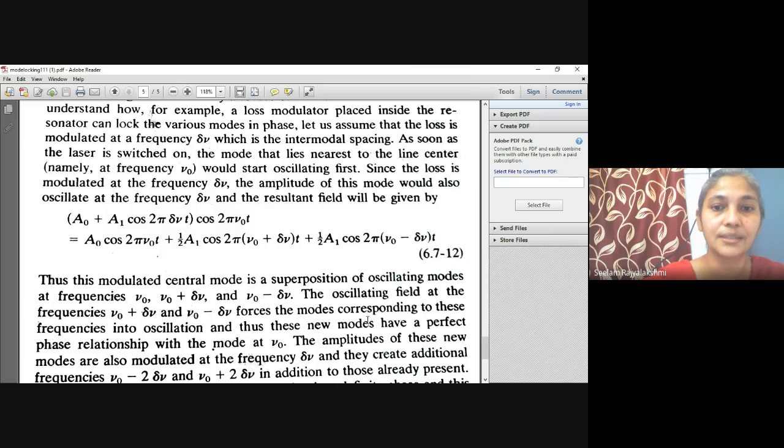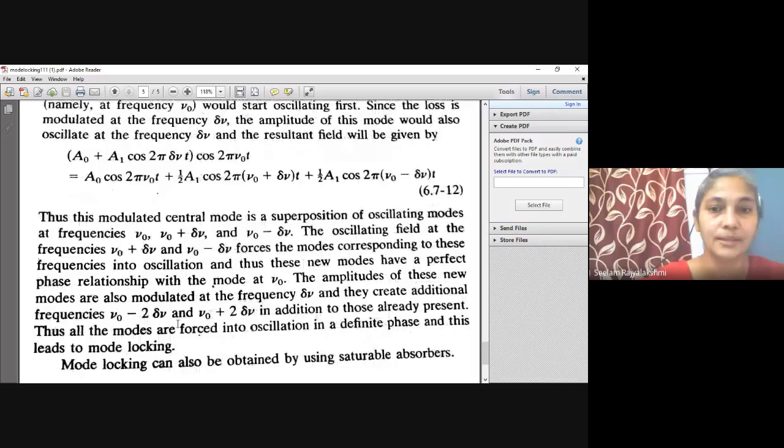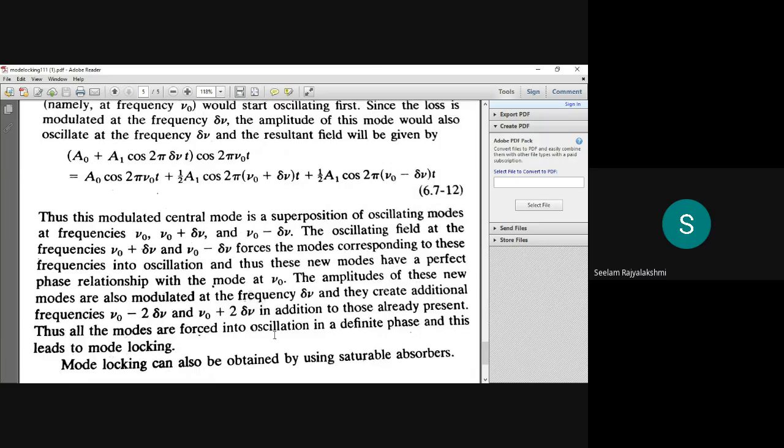Thus these modes have a perfect phase relationship with the mode at nu naught. The amplitudes of these modes are also modulated at frequency delta nu, and they create additional frequencies nu naught minus 2 delta nu and nu naught plus 2 delta nu, in addition to those already present. So all the modes are forced into oscillation in a definite phase, and this leads to mode locking.